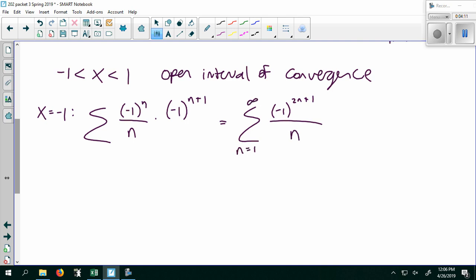2n plus 1 is always odd. Plug in a 1, you get 3. Plug in a 2, you get 5. Plug in a 3, you get 7. So I'm raising -1 to odd powers, which is always going to give me a -1. So this is the sum of -1 over n.